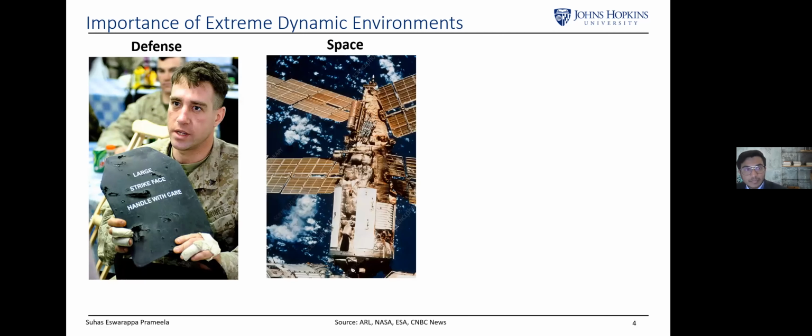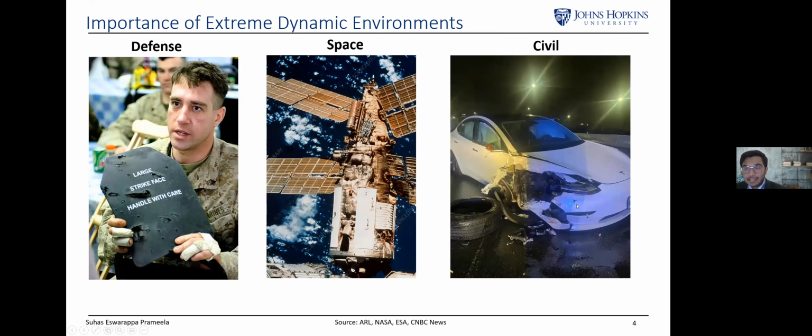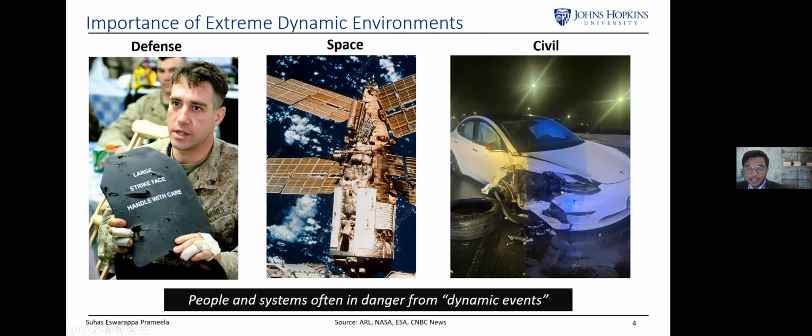Here's another example from space, a satellite system that's damaged by space debris, again moving at a very high speed, hitting this satellite system and damaging it. This actually is from a Tesla car that was damaged in a car collision. So in all of these cases, an impact event led to either people or systems in danger. So that's what extreme dynamic environments are.